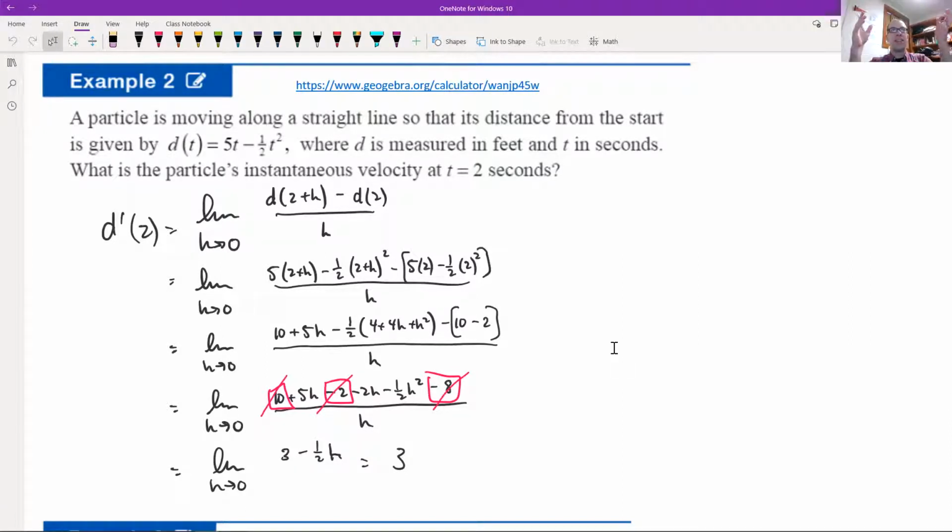Again, we are finding the derivative evaluated at a certain point. So we're finding d prime of 2, because we're looking for the instantaneous velocity at t equals 2. Again, we're taking a limit as h goes to 0, y values on top, difference of x values on bottom.